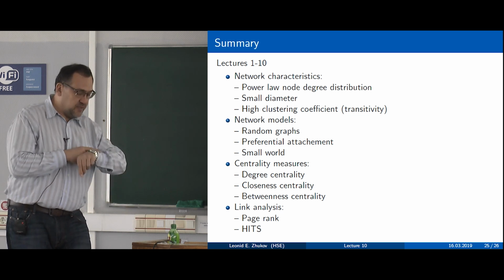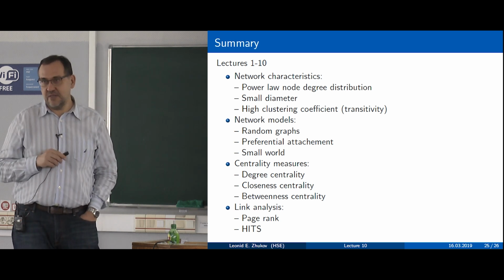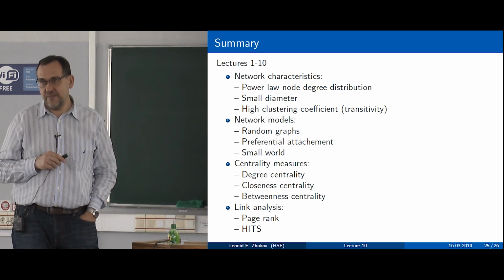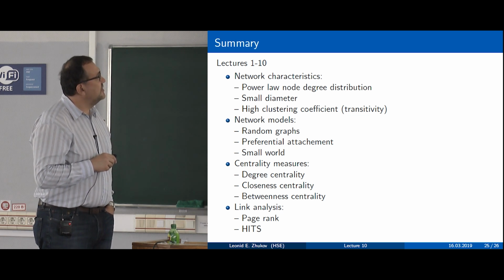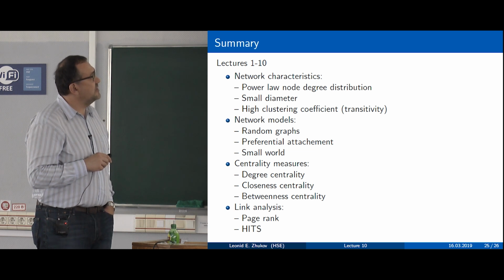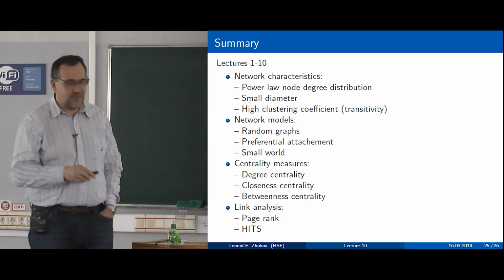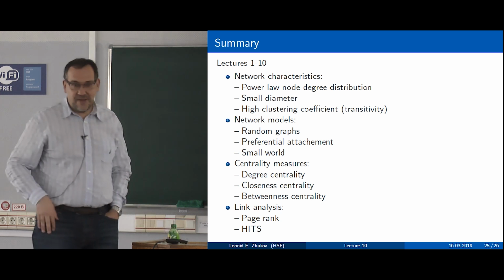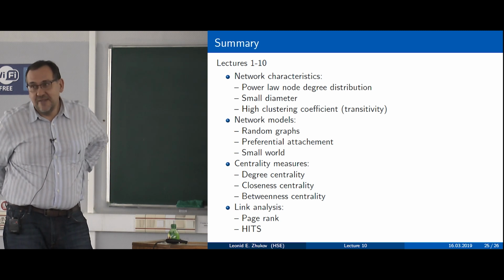So I want to spend a few minutes to briefly go over what you learned, hopefully. The first lecture: network characteristics, power law, small diameter, high clustering. So what's high clustering? What's it about? A lot of triangles. What's small diameter? What's that story?